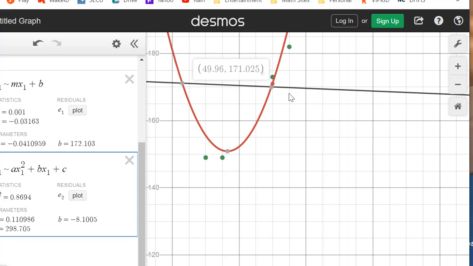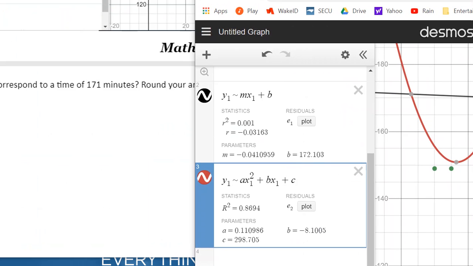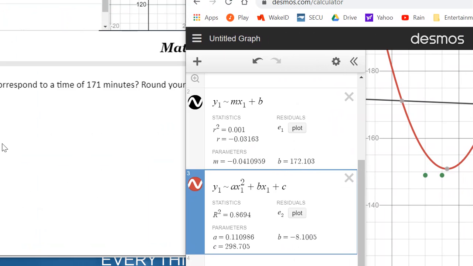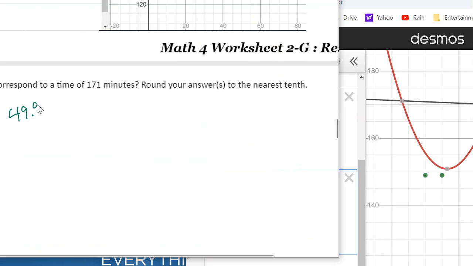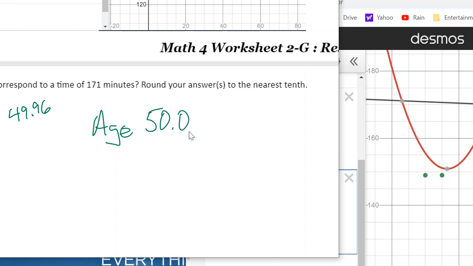There we go. 49.96. We're going to come back here in a minute. So the nearest tenth would be 50.0.